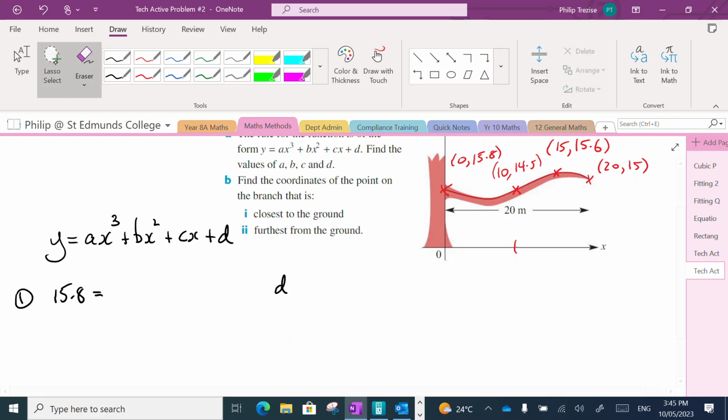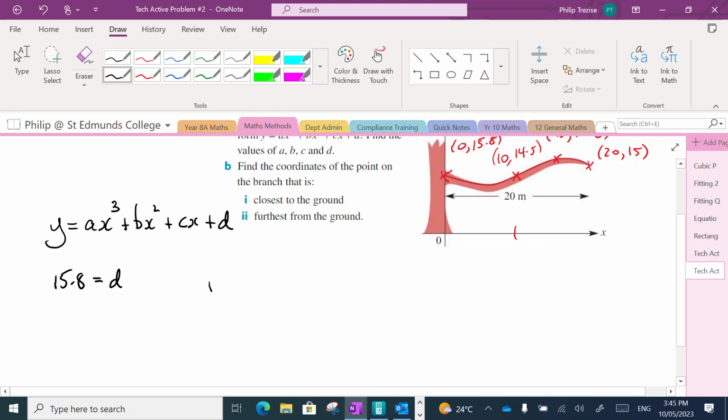We've just got little old letter d equals 15.8. So that one really was great. That's not even one of our equations, so we're just going to make that statement.